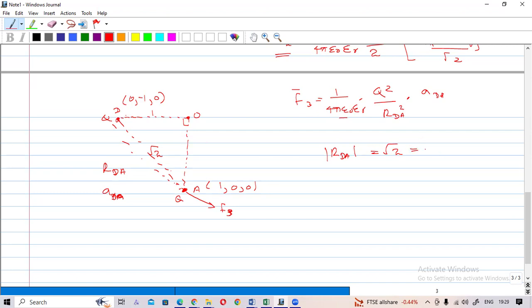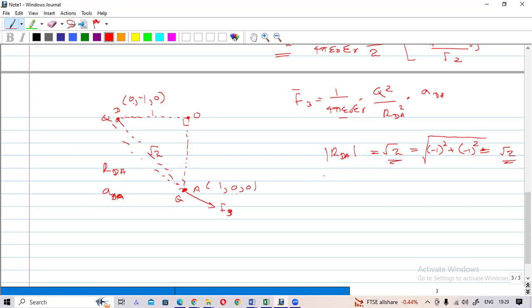Also, you can find it by subtracting the points: 0 minus 1, that is minus 1 squared, plus minus 1 minus 0, again minus 1 squared, plus 0 minus 0, that is 0. Then take the square root, so you get square root 2. Both ways you can find it.